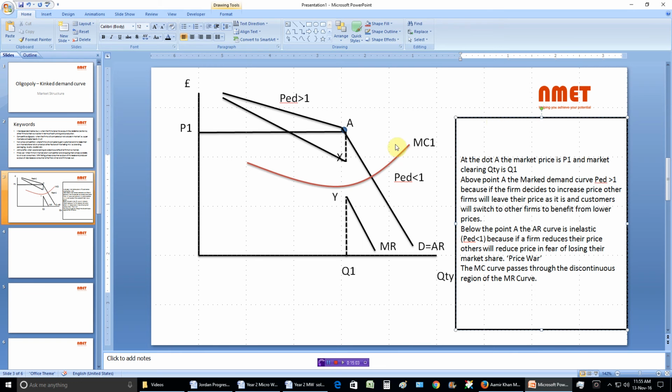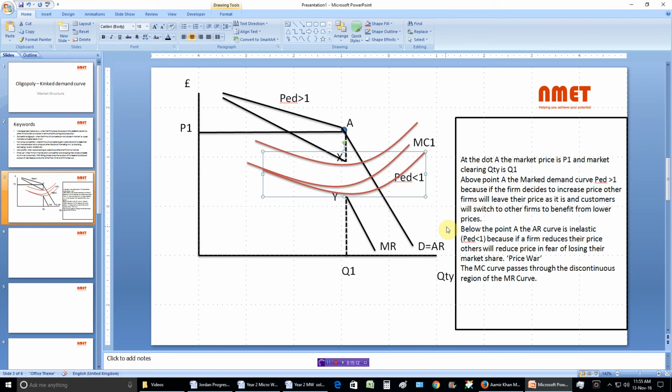As long as it is inside the discontinuous region, the firms will not change price. Why? Because they are in fear of losing market share to other firms.